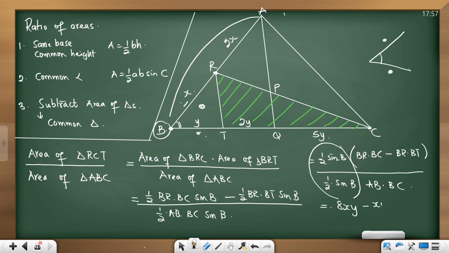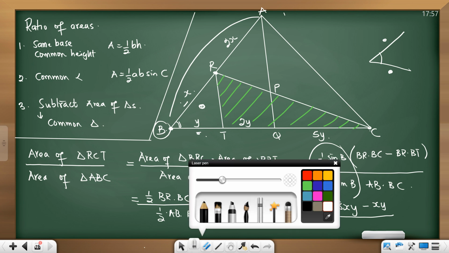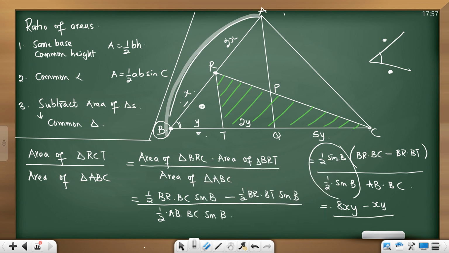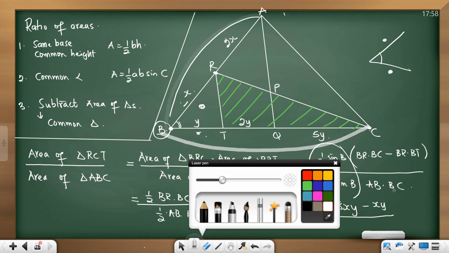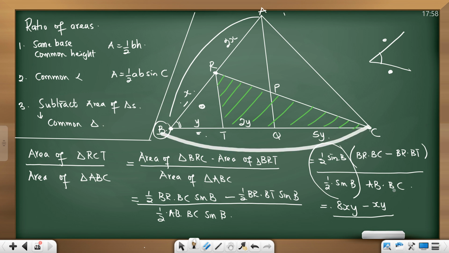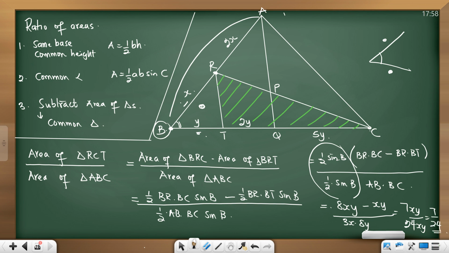Y. So that will give me XY. What is AB? 3X. And what is BC? So what do I have? 3x multiplied by 8y. Do you notice they are all xy? What is 8xy minus xy? What is 3 times 8? 24. 24 what? xy. So what's your final answer? 7 over 24.